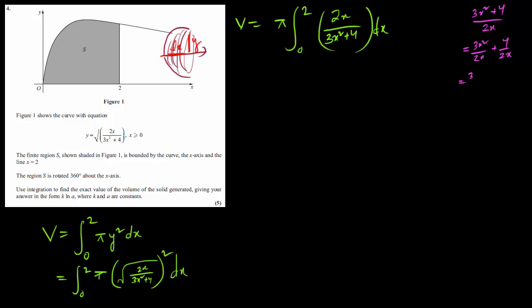Then it would have been 3 by 2 x plus 2 times 1 by x. We could have simplified this, but it is not in this format. So we cannot do anything about it. Another way of dealing with algebra is partial fractions. But this is not partial fractions because this is quadratic. Downstairs it has to be linear. So we are stuck with this.